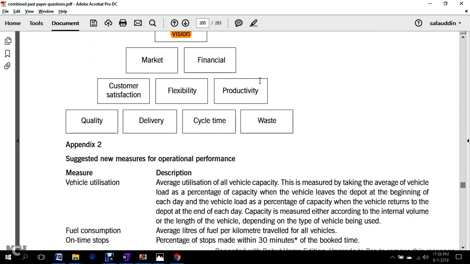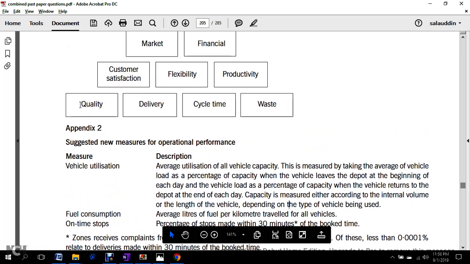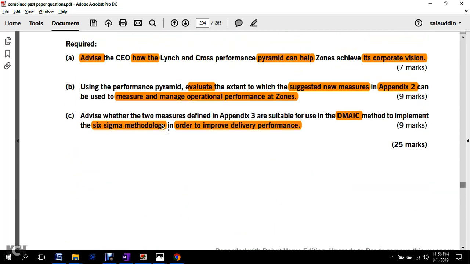This is the strategic level, this is the tactical level, and this level is the operational level. So we are asked to measure how the suggested KPIs will help in this level. Read the requirement again.